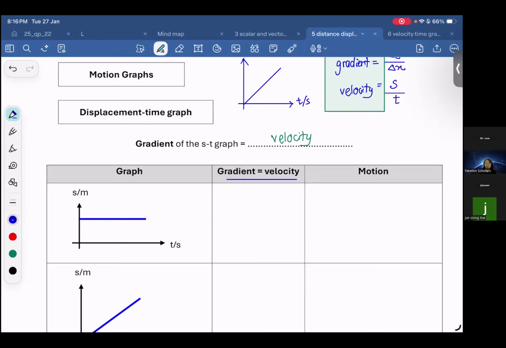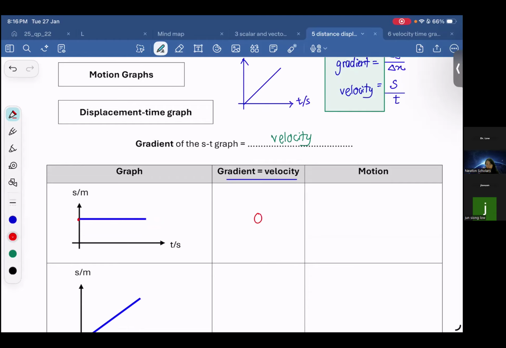Can you look at the first graph? Is the gradient zero, constant, increasing or decreasing? So when you are like this, what happened to your gradient? Tell me. Zero. Zunxiong says zero. Jiaxuan, yes, zero. Zero gradient.